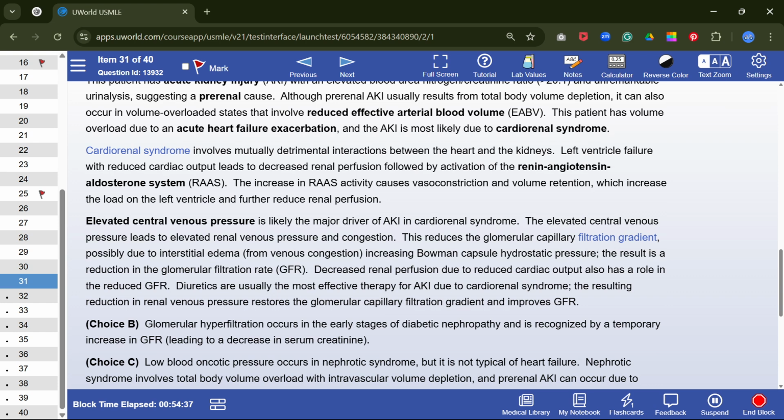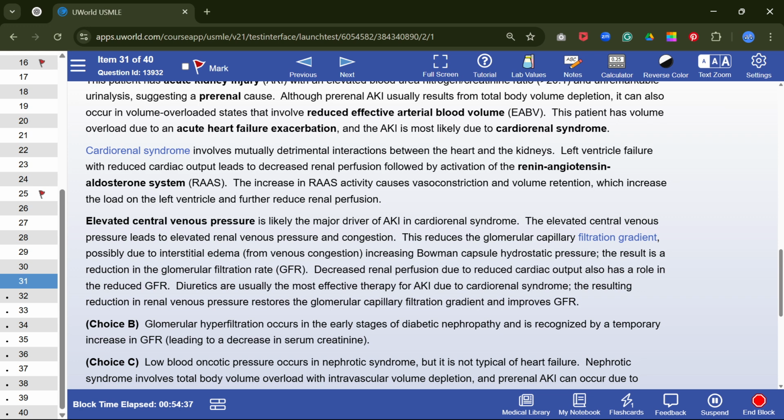Elevated central venous pressure is likely the major driver of AKI in cardiorenal syndrome. The elevated central venous pressure leads to elevated renal venous pressure and congestion. This reduces the glomerular capillary filtration gradient, possibly due to interstitial edema from venous congestion, increasing Bowman's capsule hydrostatic pressure.